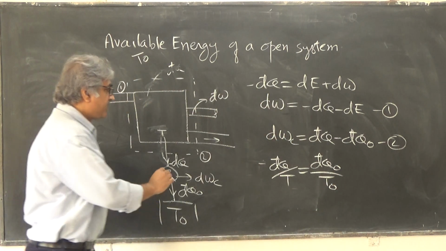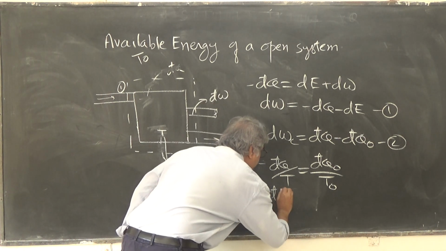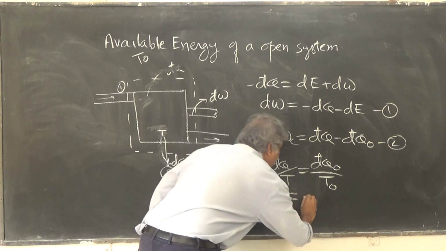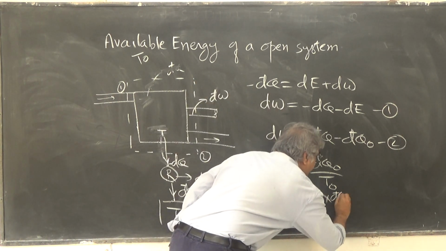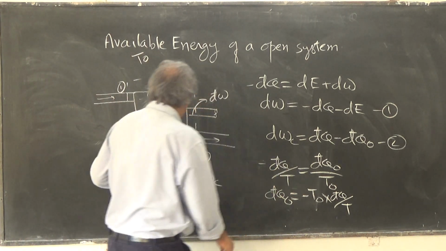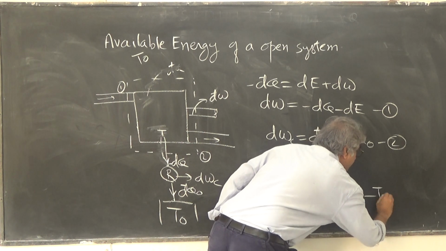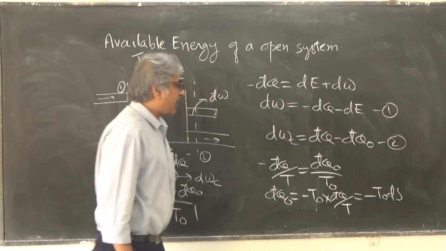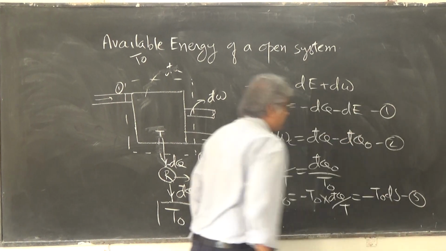And from this I can say dq naught is equal to minus T naught into dq by T. dq by T is ds, so it is minus T naught into ds. So this becomes your third equation.